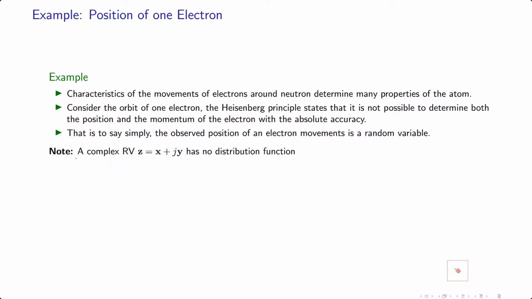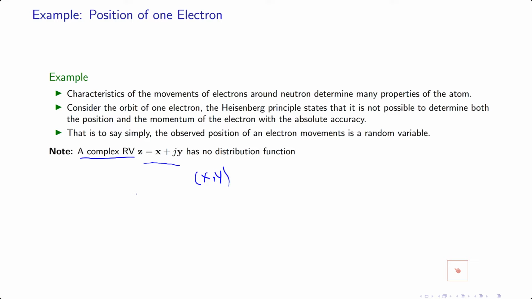Now, a complex random variable z equals x plus jy has no distribution in the usual sense, because you could not say the event z is smaller than or equal to some number, because the order inequality is only defined for the set of real numbers. Therefore, we have to learn the concept of a complex random variable when we learn about two random variables x and y.